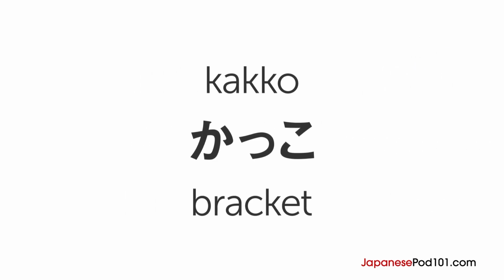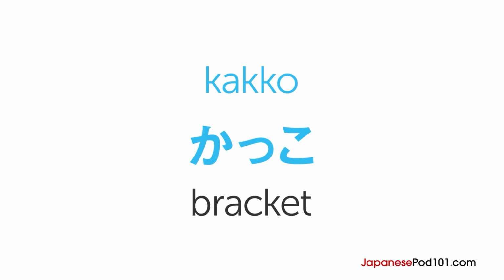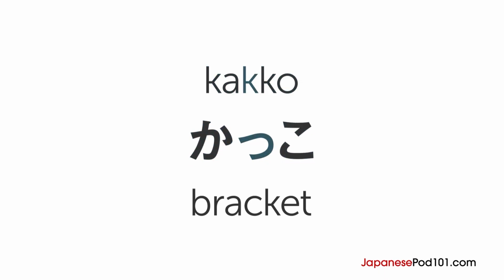To pronounce kakko, say ka, then pause and say ko. Make sure you pause for the length of one syllable. So, kakko is made of 3 syllables, the middle one being a pause.